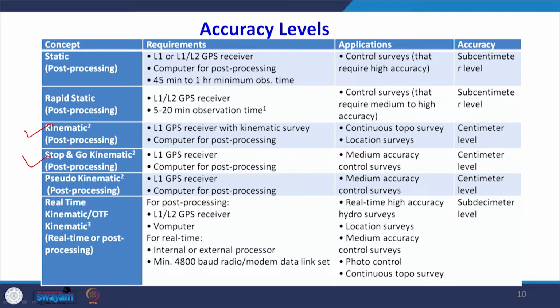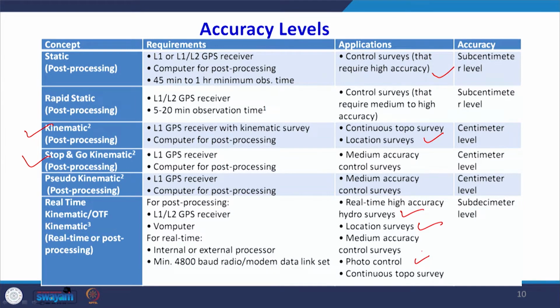If we talk about the applications, they range from establishing control surveys to continuous topographical survey. We can prepare a topographical map from these 3-dimensional coordinates, and we can have hydrographic survey, location survey, and providing survey for photogrammetric control. So, there are different applications for which these methods are suited.